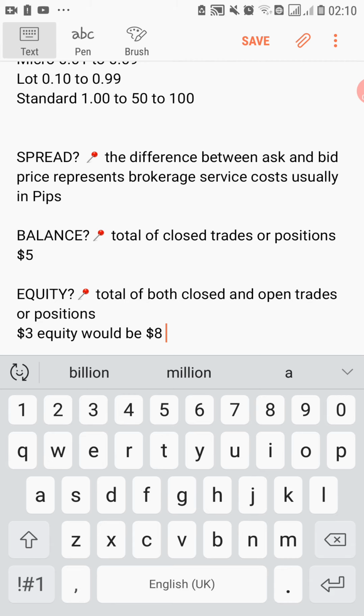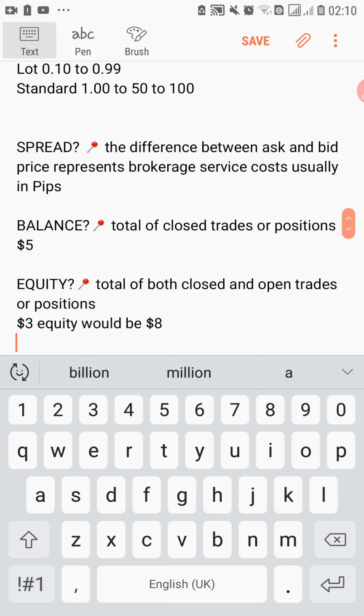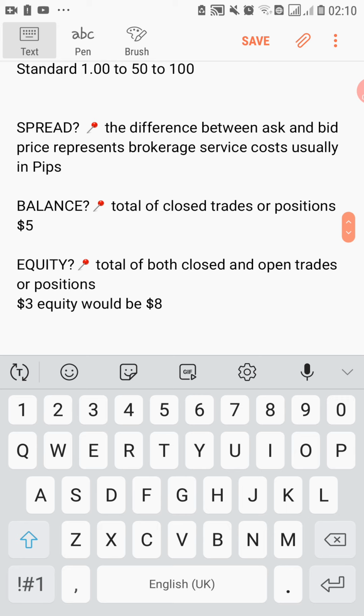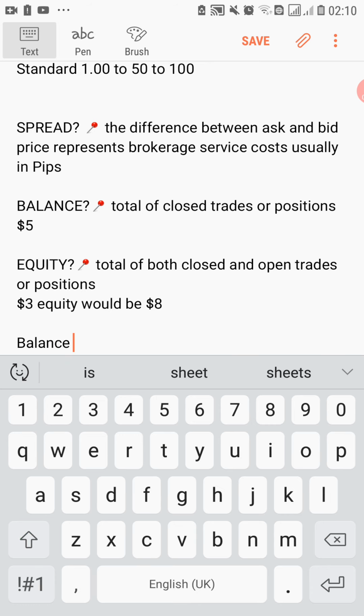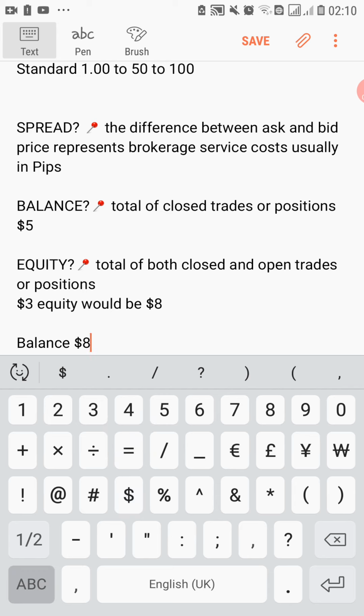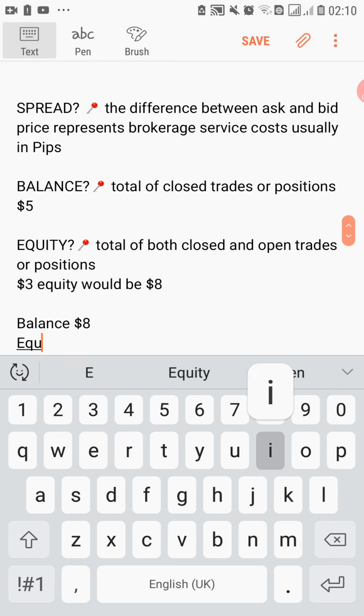The only time our balance is going to increase is when we close this floating profit of $3, and this would mean our new balance would become $8, and our equity too would currently be at $8.